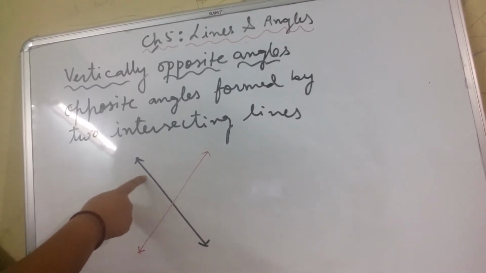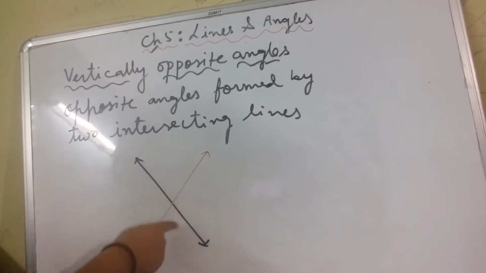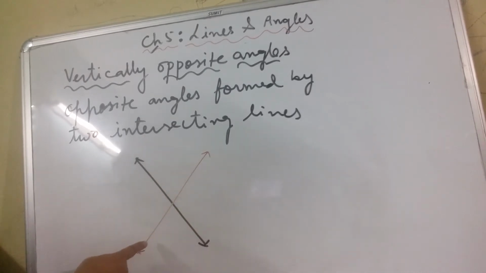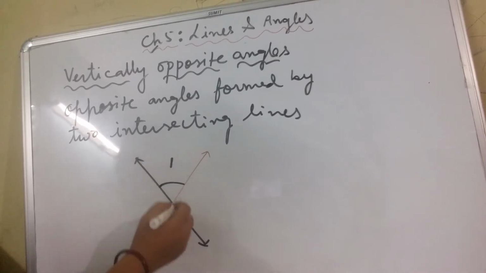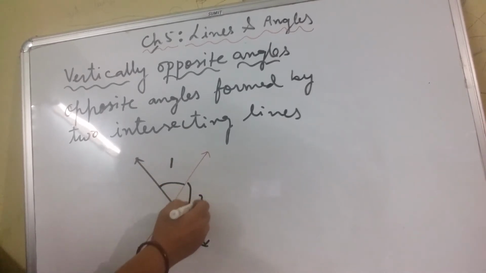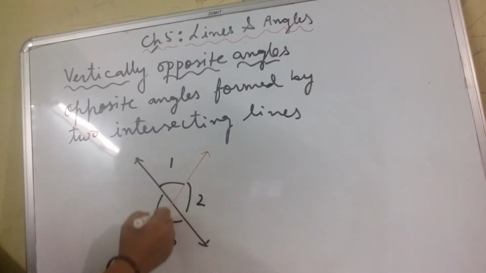Say here I have taken two lines and they are crossing each other. So how many angles have they formed? They have formed angle 1, angle 2, 3, 4.